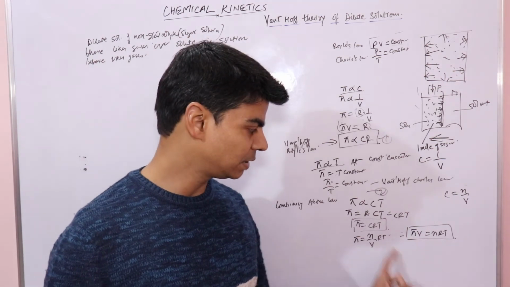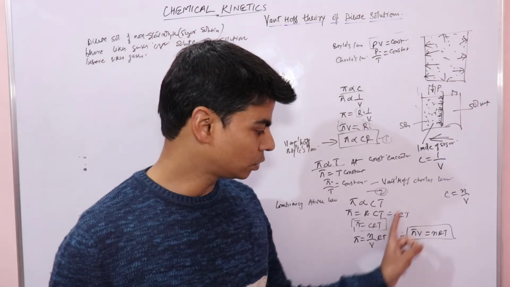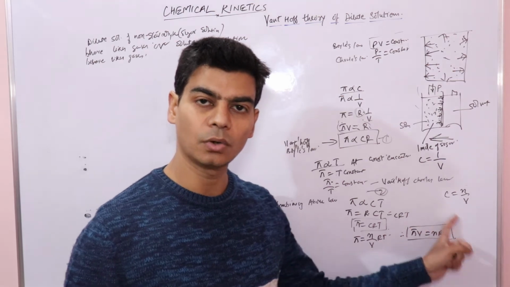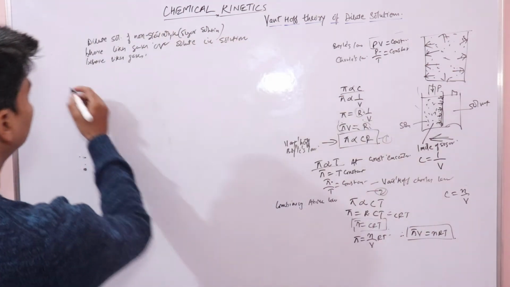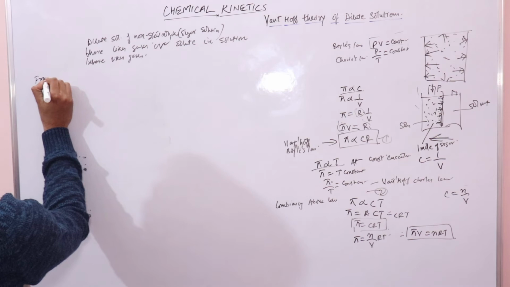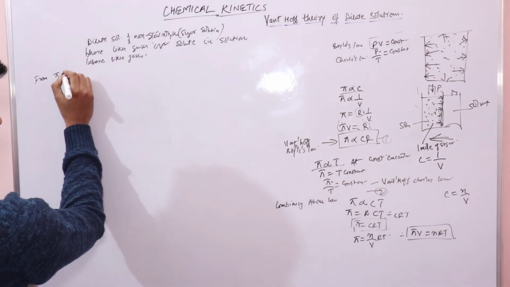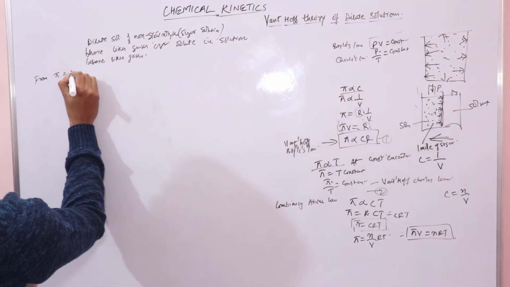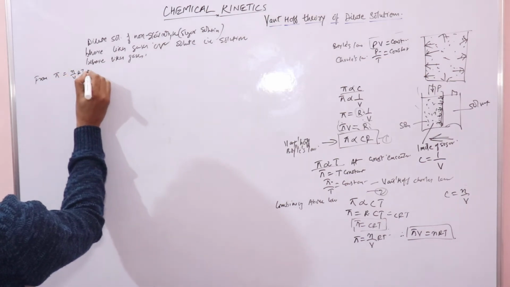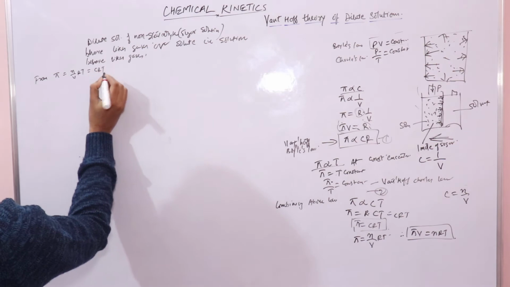So this relation proves that pi, osmotic pressure, is a colligative property, right? From pi is equal to n upon V RT, or CRT, right?